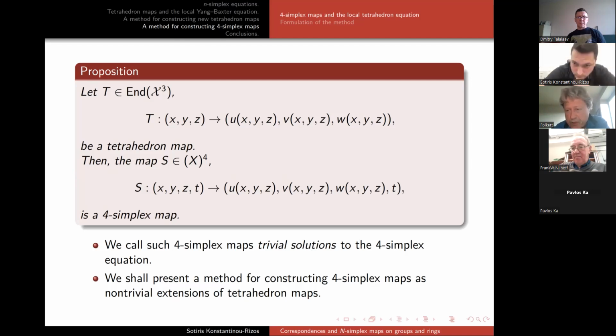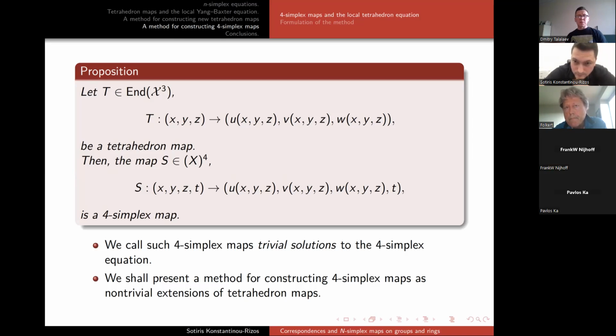So the 4-simplex equation, because the 4-simplex equation is related to the pentagon equation. Yes, but this is a different thing. This is not via Lax. I don't know how to do it because this is the 10-term relation of Kashaev and Sergeev. But from Lax, I don't really know yet.